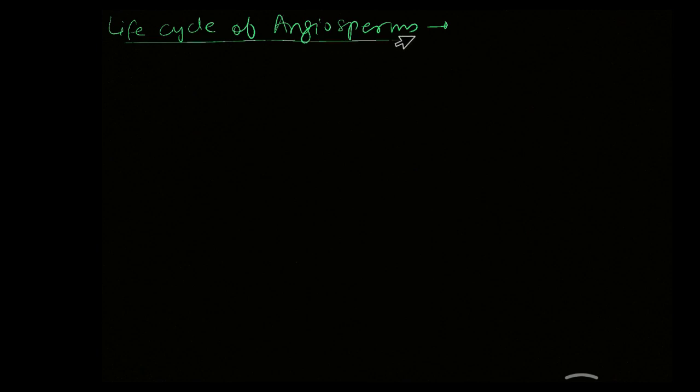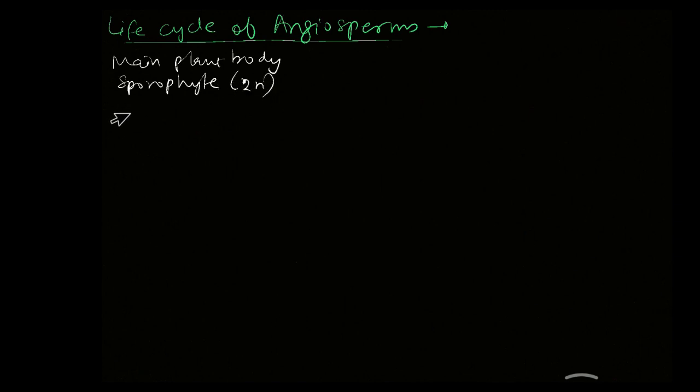So we discuss the life cycle of angiosperms. The main plant body of angiosperms is the sporophyte, and the sporophyte is a diploid structure.